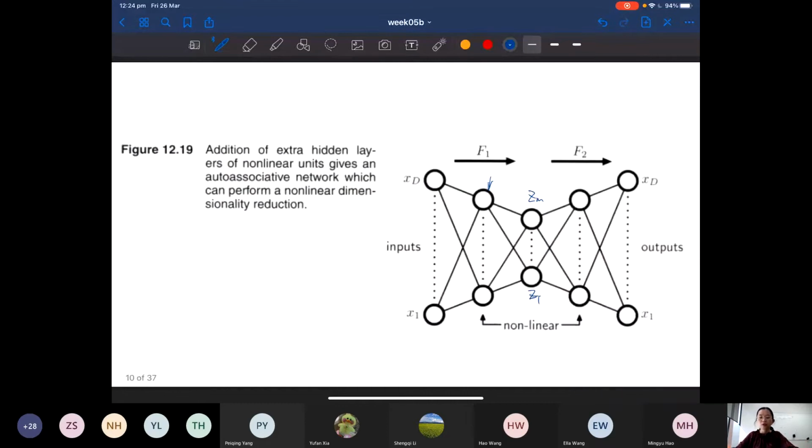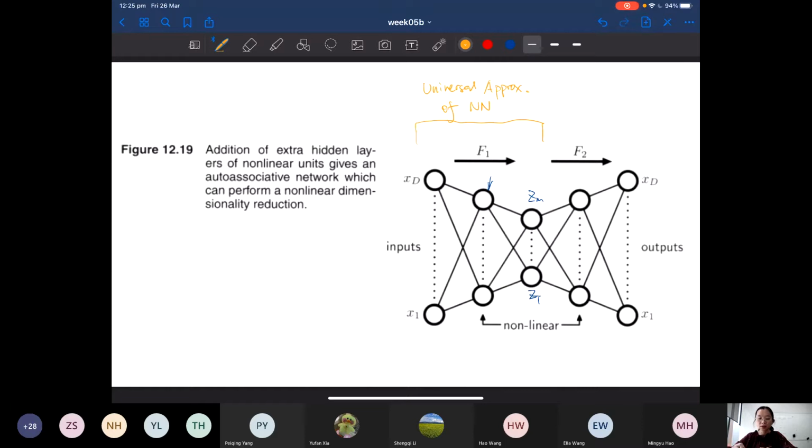And then if we add one more hidden layer, as we said in the neural network workshop, if we just look at the front part of the neural network, due to the universal approximation theorem, a neural network with one hidden layer in the middle and nonlinearity can represent any function.